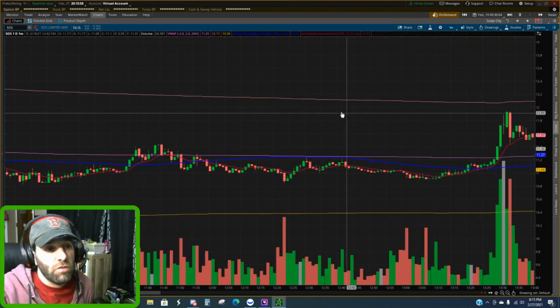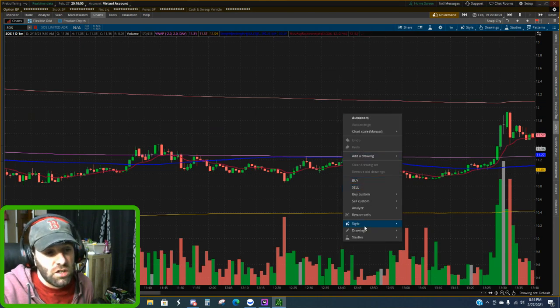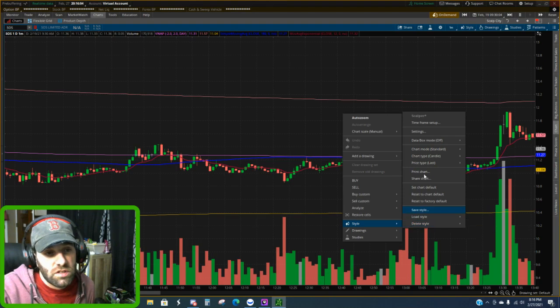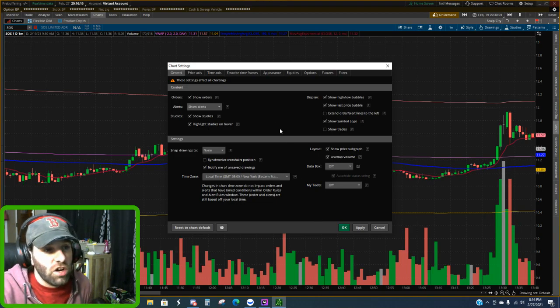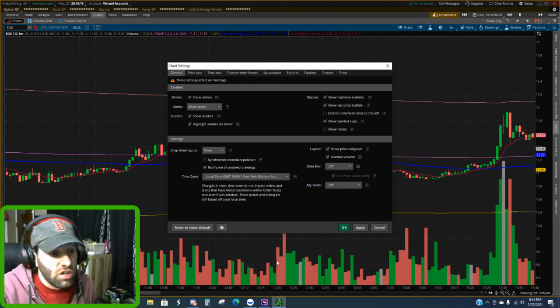Volume overlap is just right click, go to style and settings, and you go to settings. It's defaulted where this is unclicked. So you just go and click that. Also, volume is gray. So I have the red and green candles here.